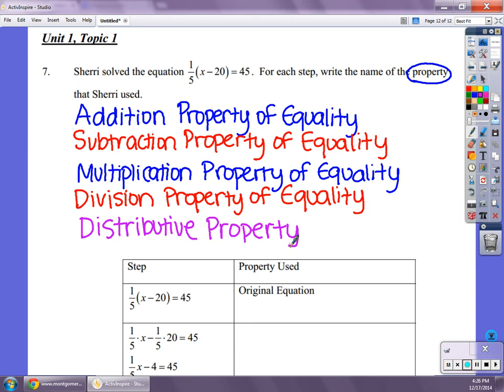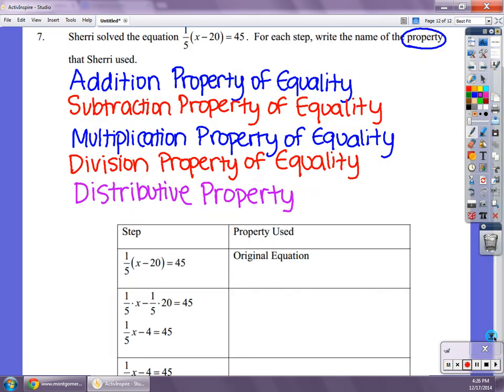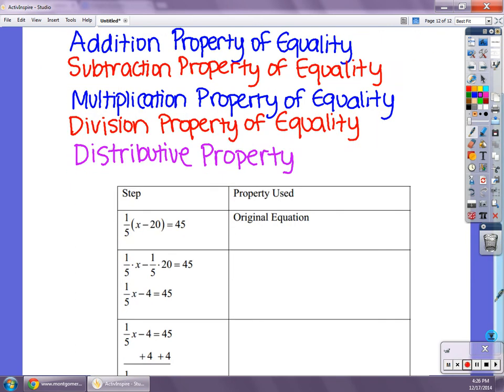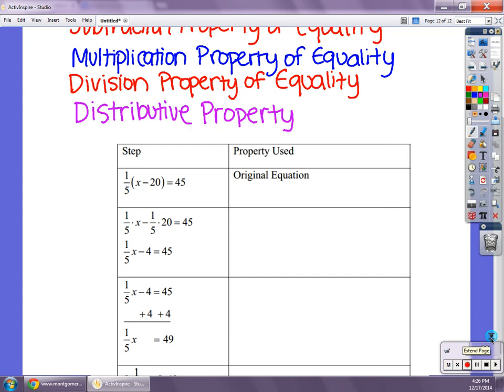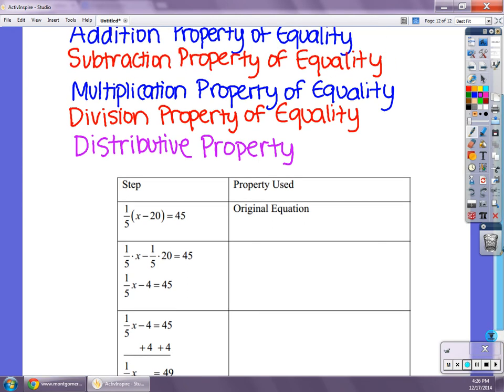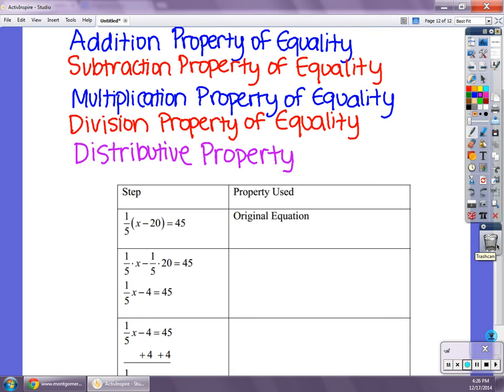Sherry solved the equation 1/5 of the quantity x minus 20, and we know that it's equal to 45. So let's go ahead down to our boxes here and continue with this problem. The work has been done for us. We have to look very carefully and see what property of equality Sherry used to complete each step.